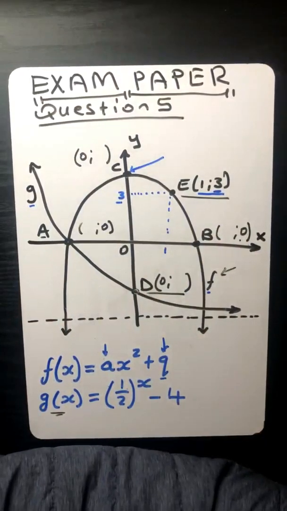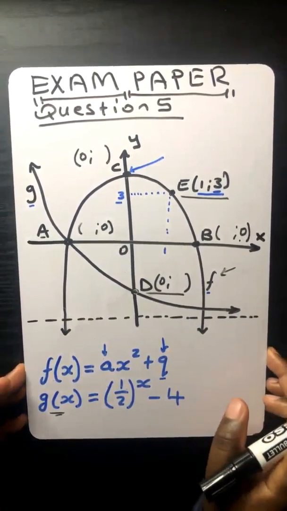I'm sure one of these two guys will be able to assist you with the answers you might be looking for. So now let's have a look at our very first question.